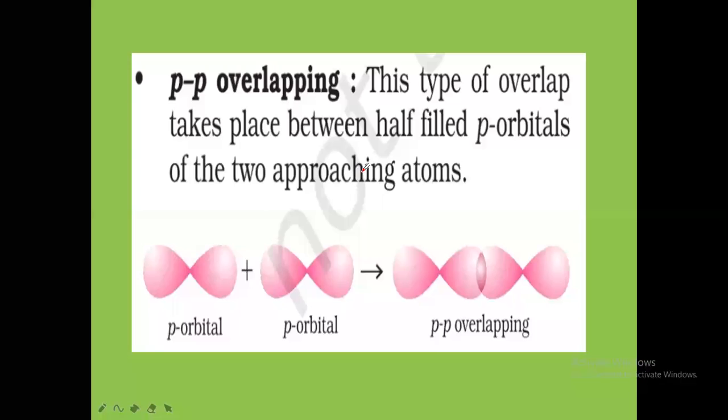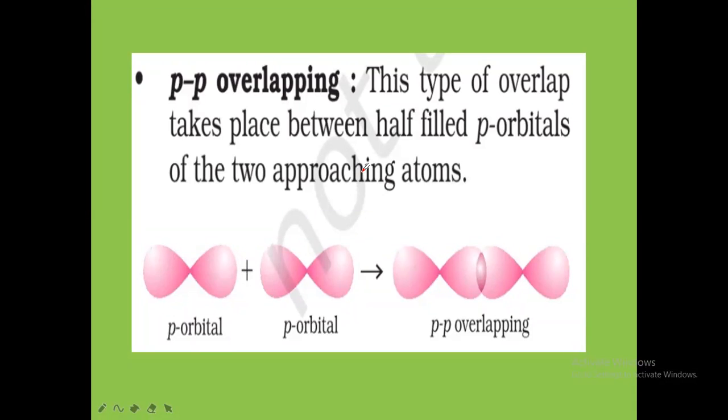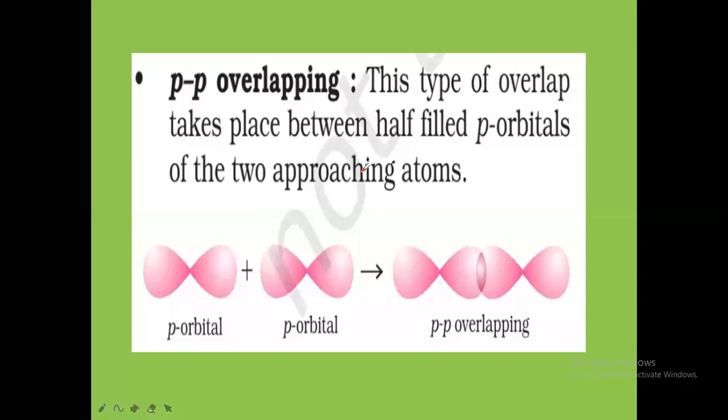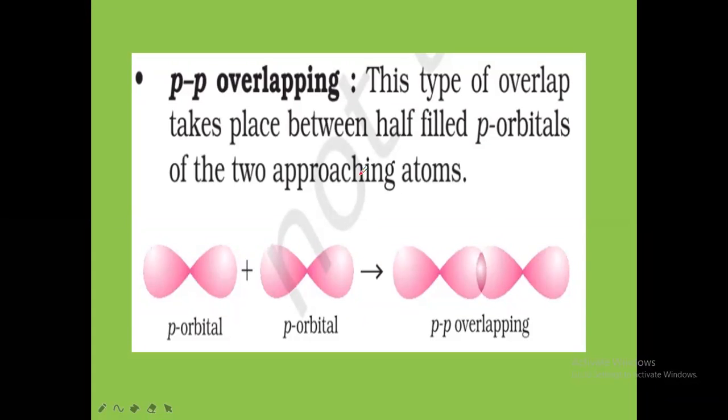The p orbitals are directional orbitals. They have specific direction: along the x-axis, along the y-axis, along the z-axis. Because of the directional character of p orbitals, PP overlap gives a stronger bond than SP overlapping or SS overlapping.